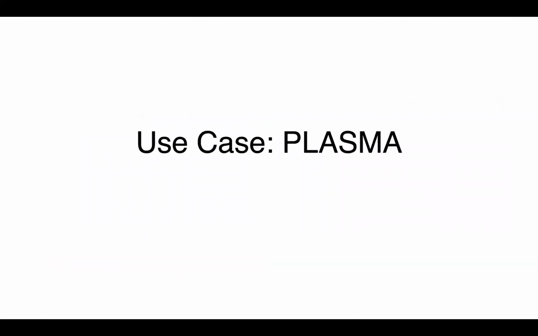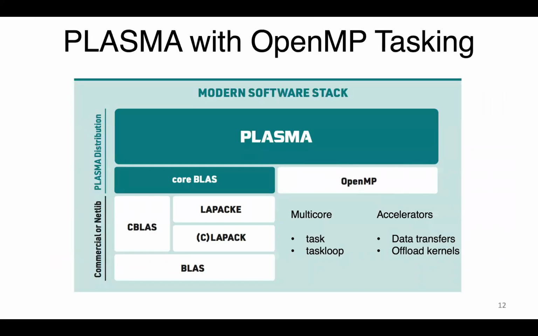Now moving on to the PLASMA library, let me first start by showing the software stack of the PLASMA library. You see that on the right, heavily featured in this diagram, is OpenMP. In fact, PLASMA would not be able to exist in its current form without OpenMP, because PLASMA is based on OpenMP tasking and data dependence clauses.